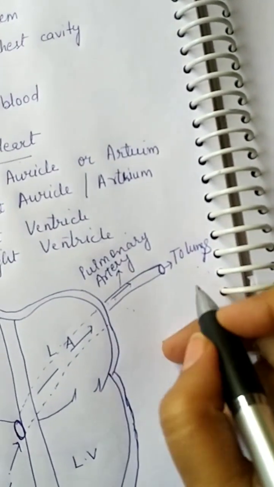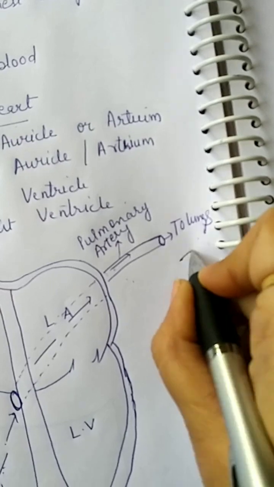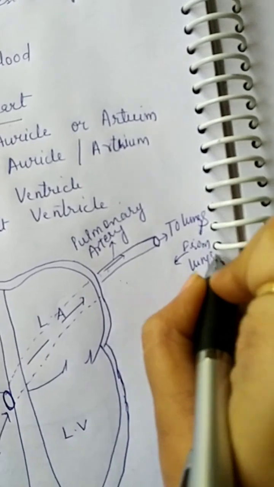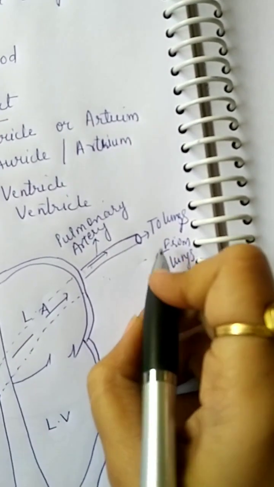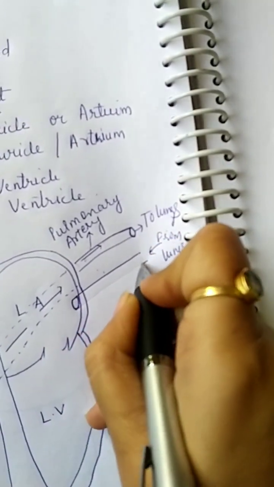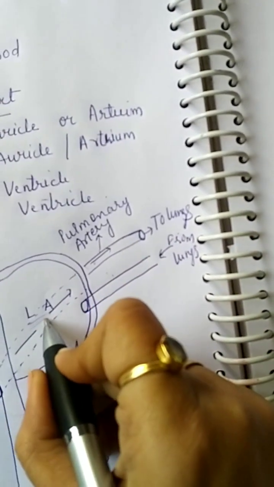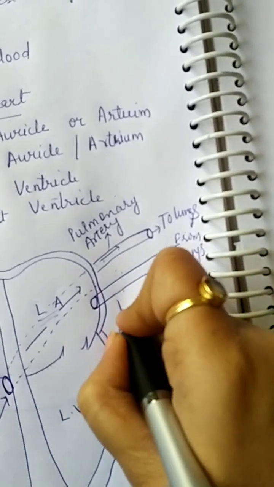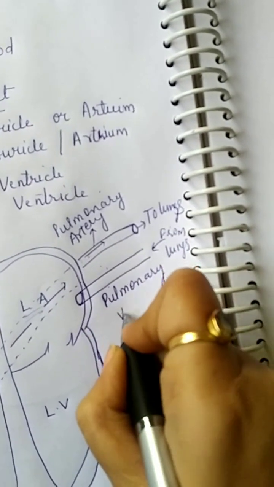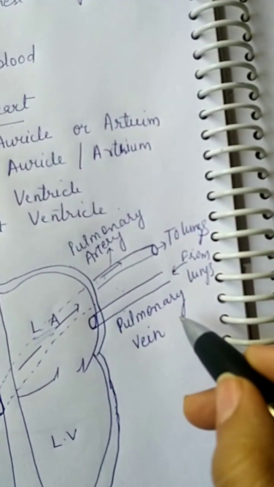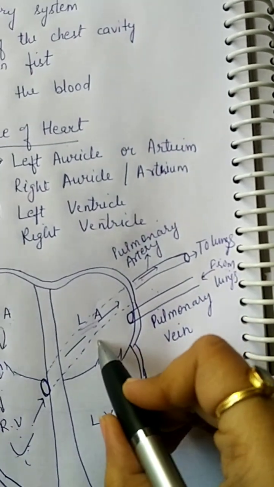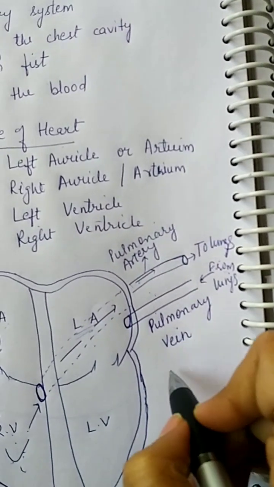So from lungs, blood again flows back to the left atrium through pulmonary vein. The blood vessel which carries oxygenated blood from lungs to left auricle is called as pulmonary vein.